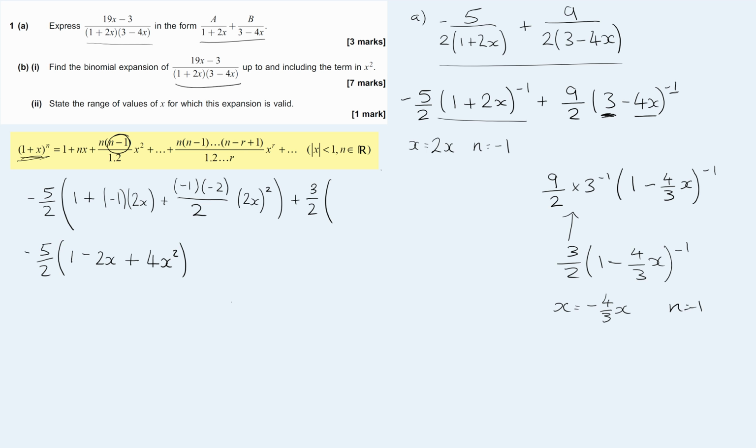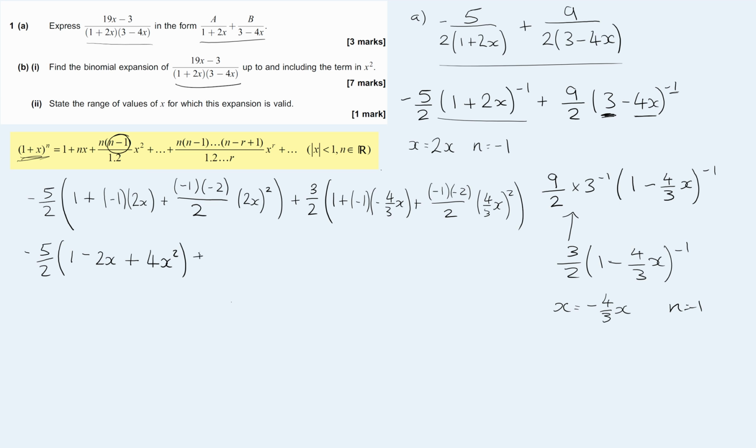So putting in what we've got, formula always starts with 1, plus n, which is still minus 1, times by x, which is minus 4/3 of x. And then the second term, we only need to go up to the x squared term, so we've got minus 1 minus 2 again, still being divided by 2, and this time we've got 4/3 x, which is being squared.